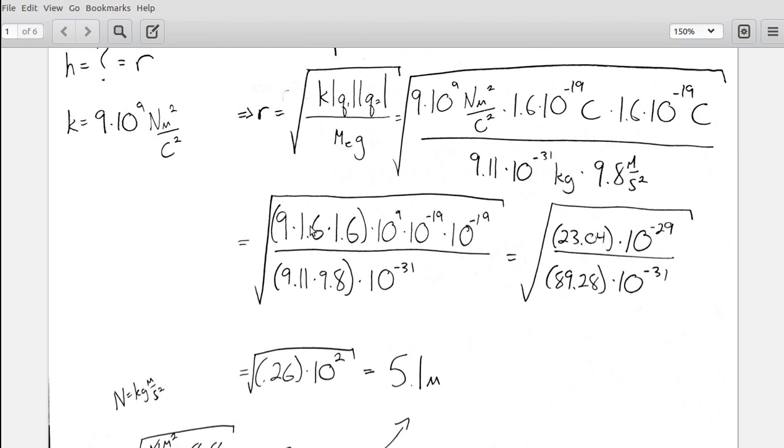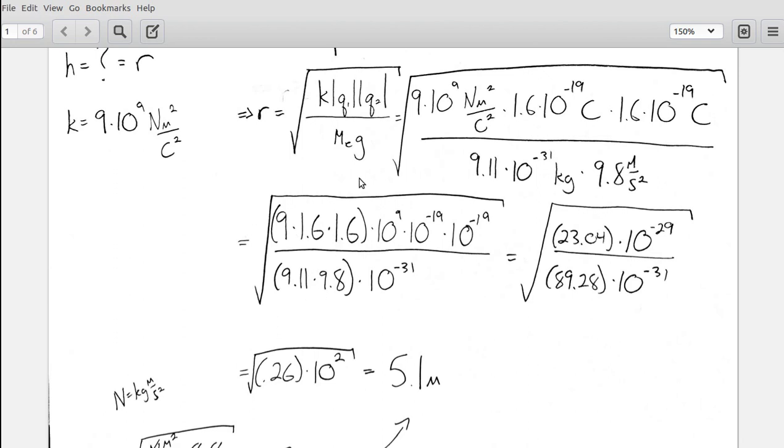Then all my powers of 10, I'm leaving them out: 10 to the 9, 10 to the negative 19, 10 to the negative 19, and in my denominator I've got 10 to the negative 31. The reason I'm doing this is because I'm going to use my exponent rules to simplify all these powers of 10, and then I'll just use my calculator for these constants over here.